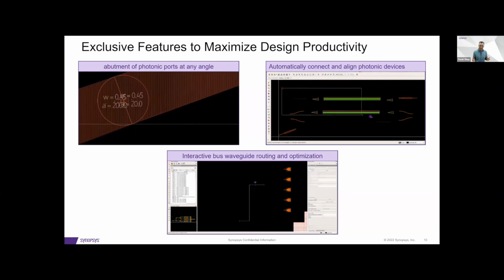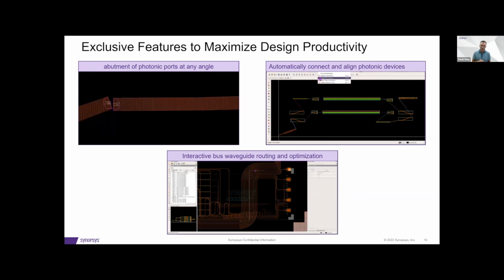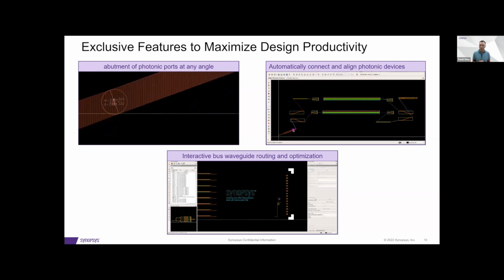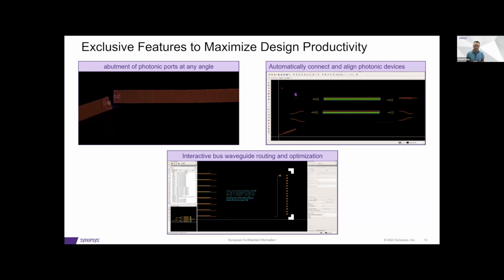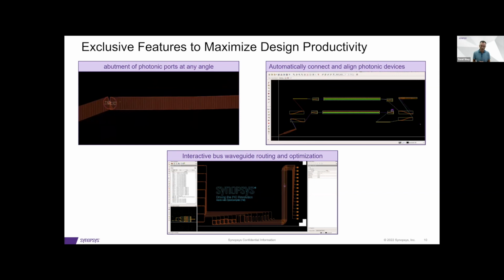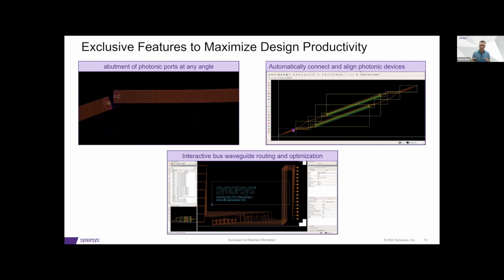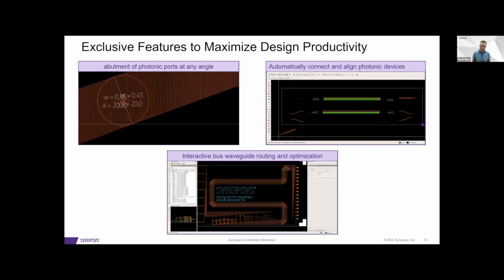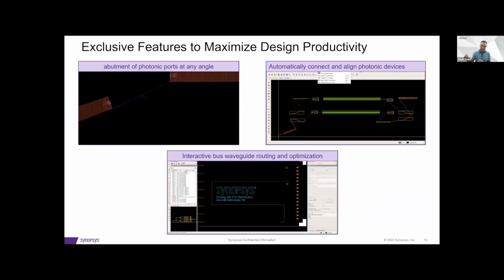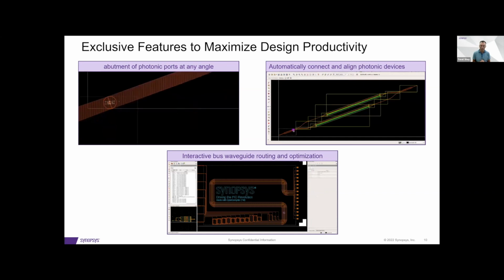And one of the great innovations that we have developed is in the area of interactive waveguide routing, what we call the flexible connectors. You can see in the bottom side of the screen how we are enabling a photonic engineer to take a bus of connectors, connect them very quickly, and reshape them, changing the topologies.